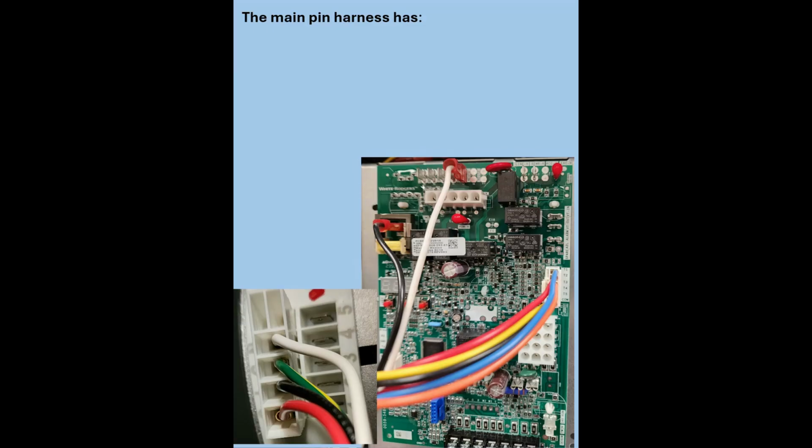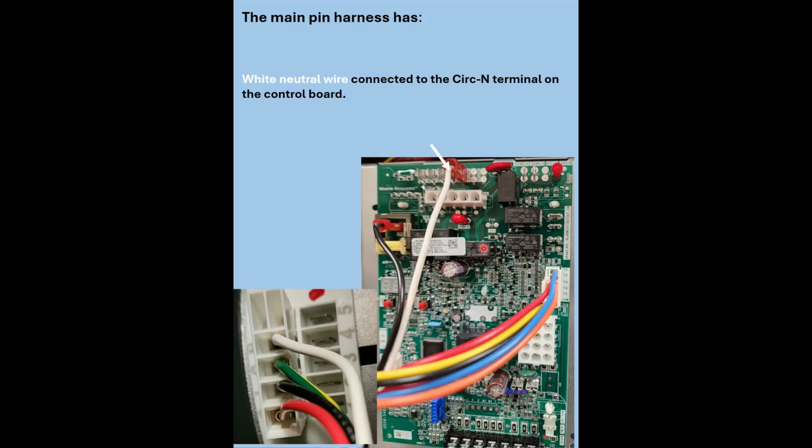The main pin harness has a black wire connected to the Circ H terminal on the control board. And this is what I was telling you about, that little amp monitor that's going to take the place of auxiliary limits, because if the motor's not running, it wouldn't read any amperage, and therefore the control would know to shut the unit off.